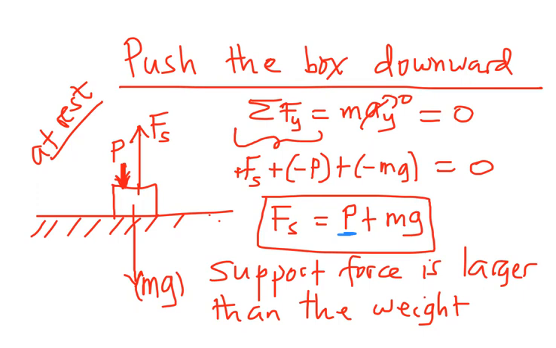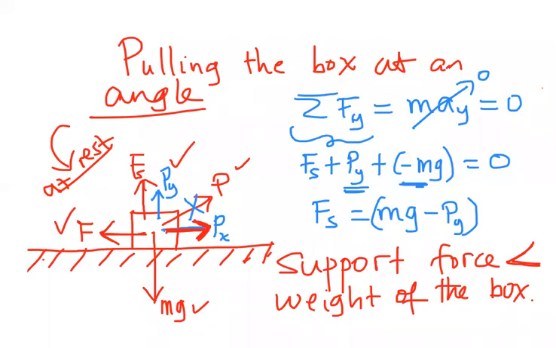And then we had another situation, whereby we are pulling the box at an angle, but the box is still at rest. Our analysis indicates that the support force is less than the weight of the box, because the pulling force helps you somehow.